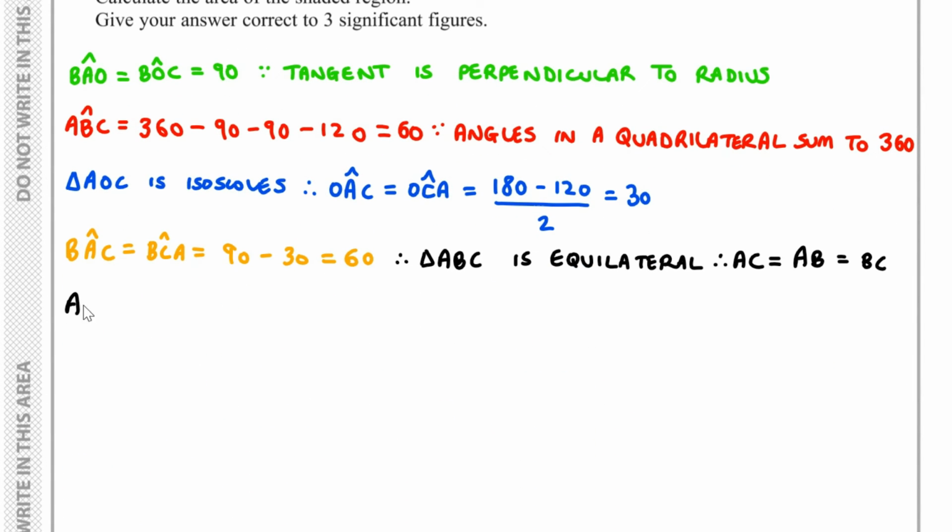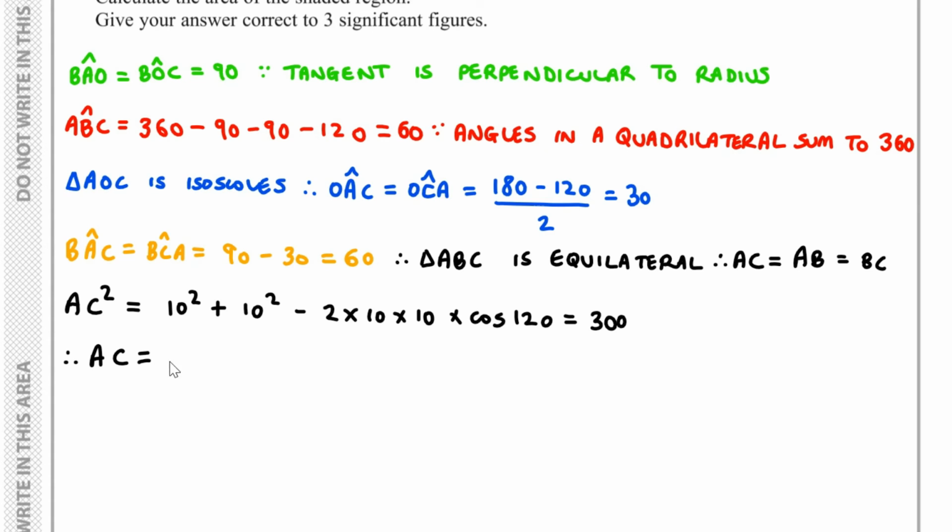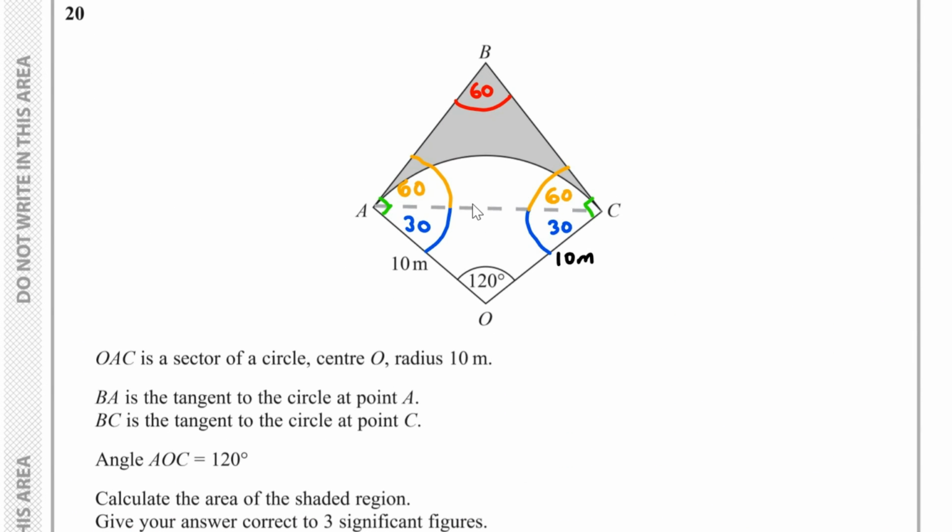So therefore, AC squared is equal to 10 squared plus another 10 squared minus 2 times 10 times 10 times the cosine of 120, which is 300, and therefore AC, which is also equal to AB, which is also equal to BC, as we stated here, is equal to the square root of 300, which is 10 root 3.